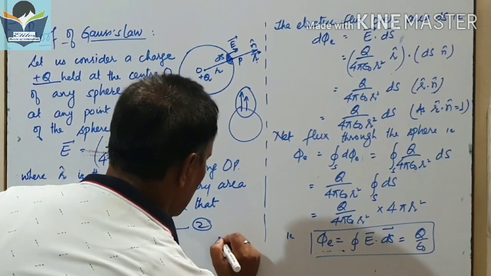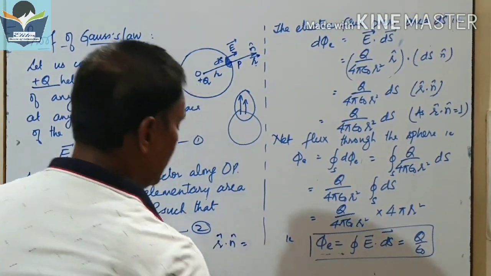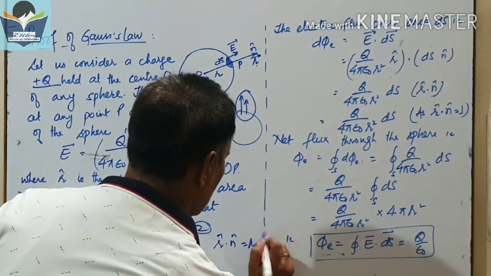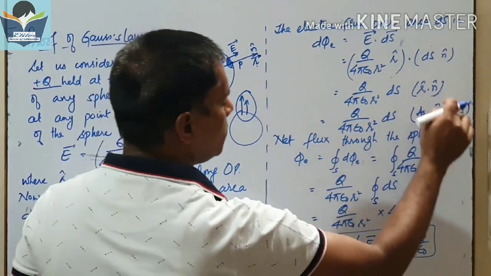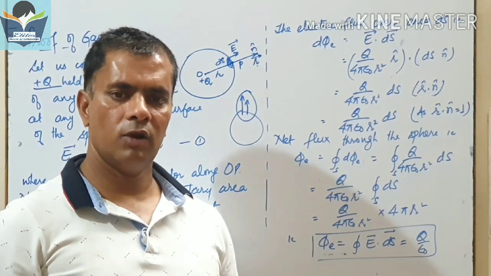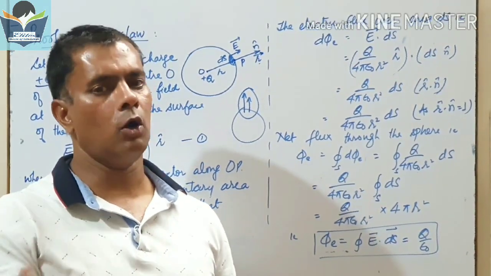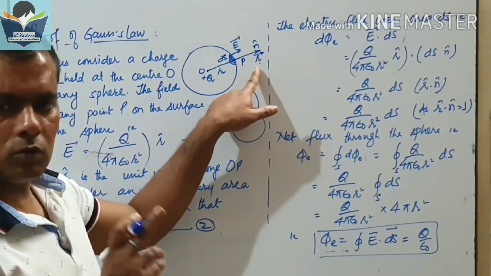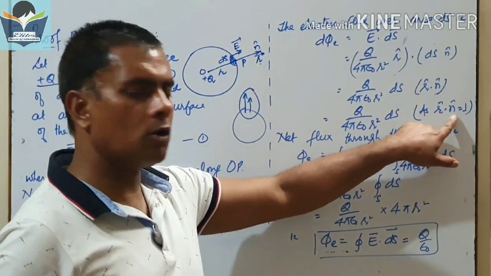So we know that r cap dot n cap, when they are parallel, how much will it be? This will come out to be 1. Simply, the cos product will be there: r cap, n cap, cos theta. Theta is 0, so 1. Their magnitudes are also 1.